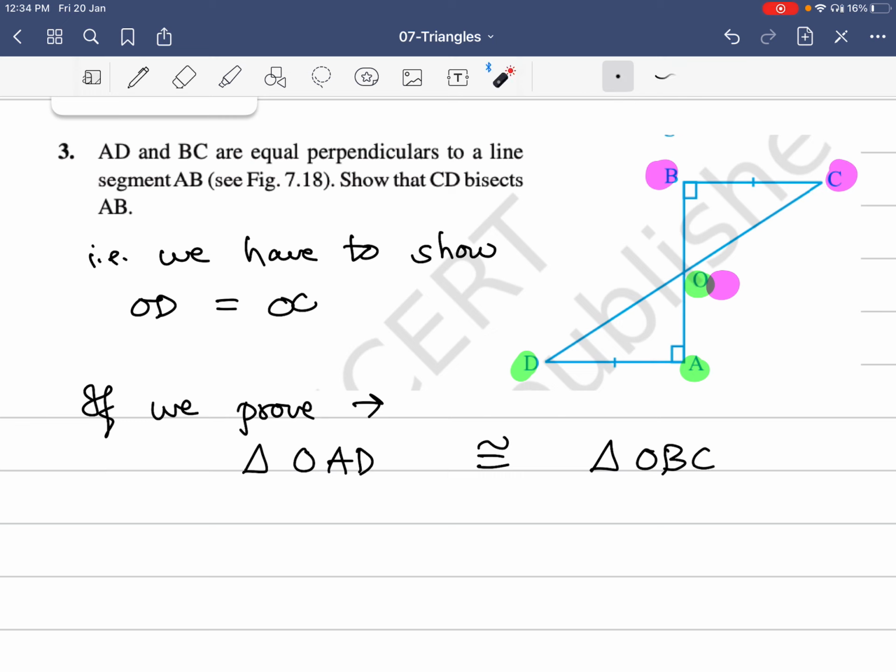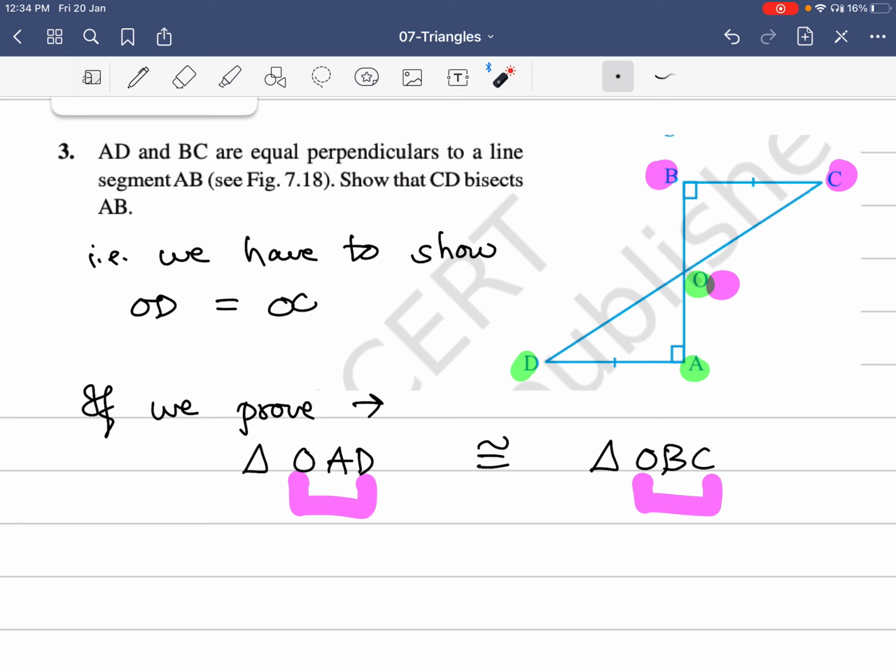Now focus on this statement. If we prove that OAD is congruent to OBC, then we can easily say that OD is equal to OC. And if OD is equal to OC, then this is proved, and we can say that the whole CD is bisected by AB.